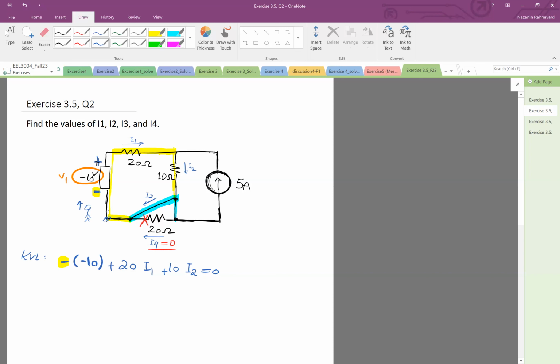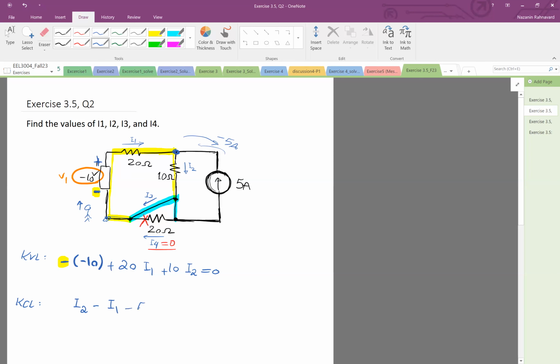So that's one equation. And then the next equation is going to be a KCL here. As you know, the summation of the currents going out equals 0. So I2 is going out, I1 has to be negative I1, and then the 5 amp is here, so negative 5 amp is going out.